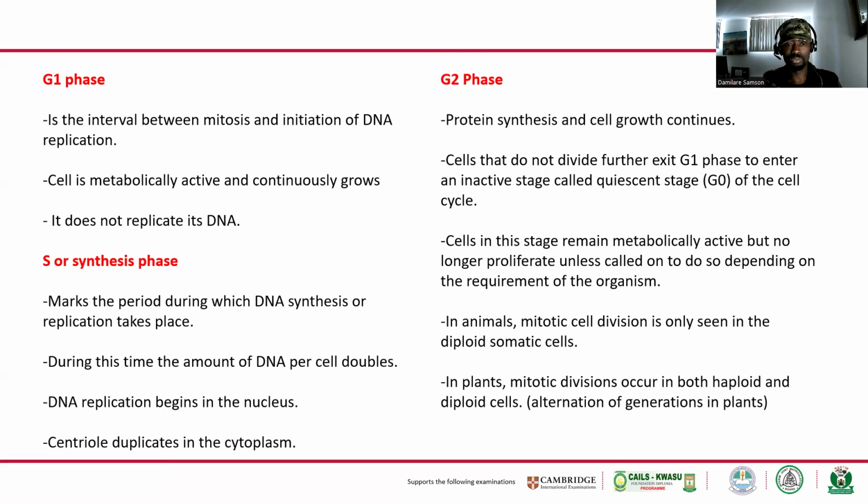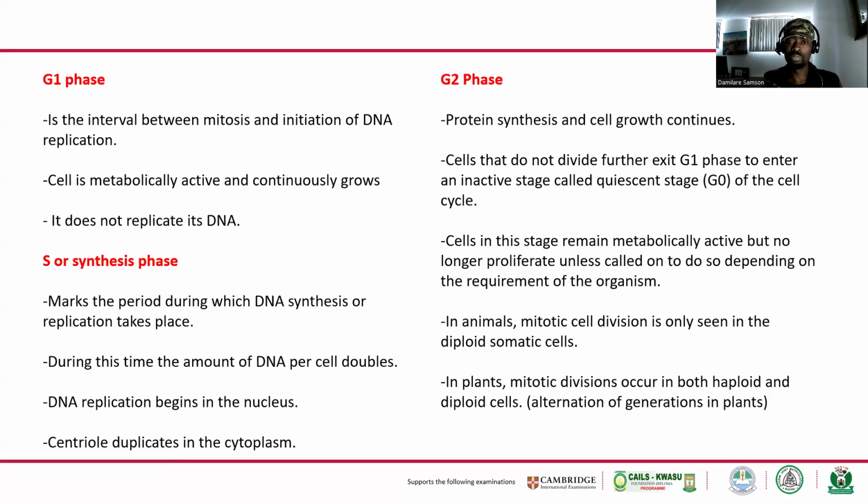We don't really have many terms to discuss here, so we just talk about organelles that are responsible for reproduction. By the time you have your notes on the full cell, you'll be able to understand what each of them is used for. So the centriole duplicates in the cytoplasm, while the DNA is found in the nucleus.